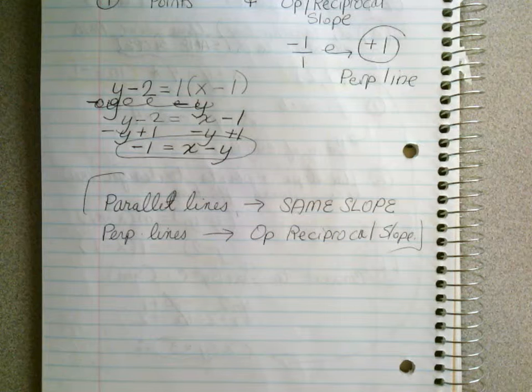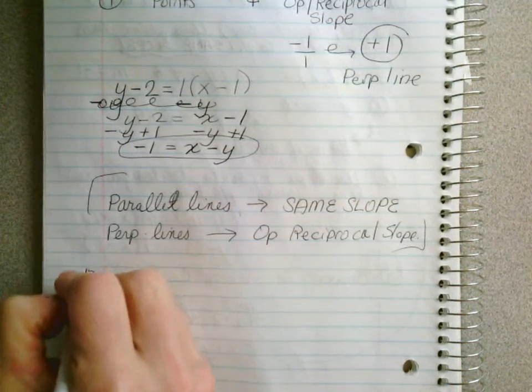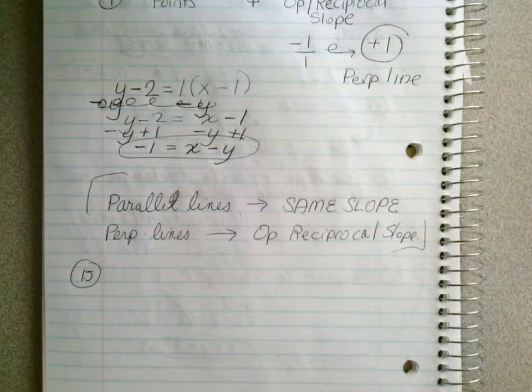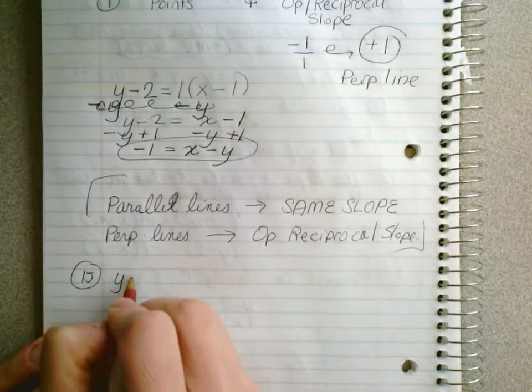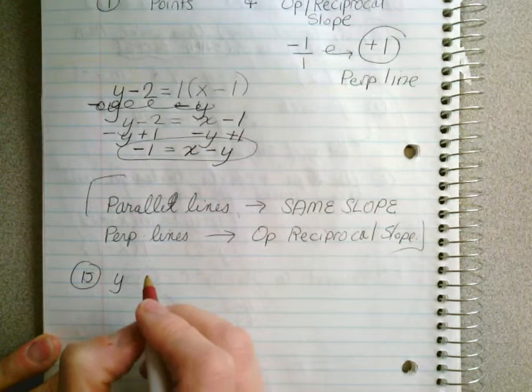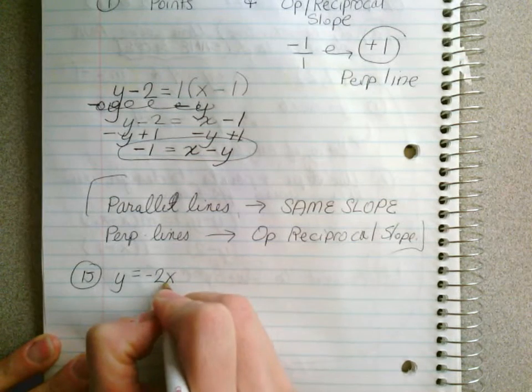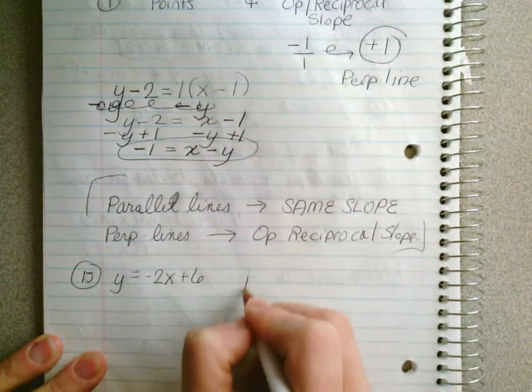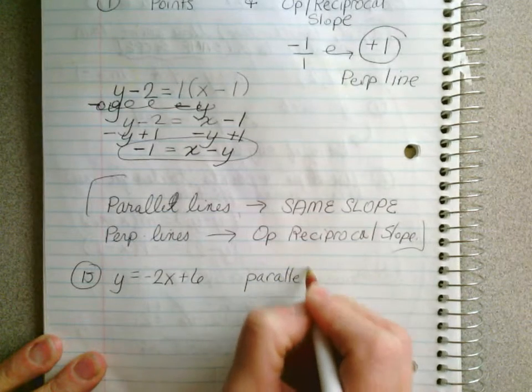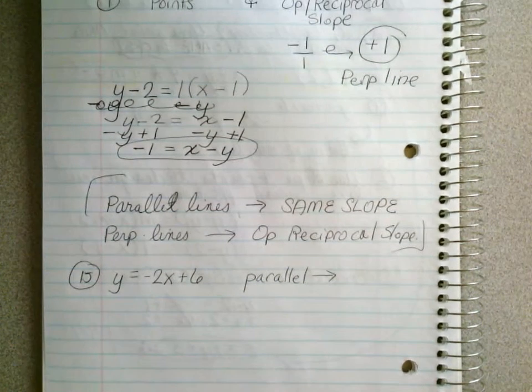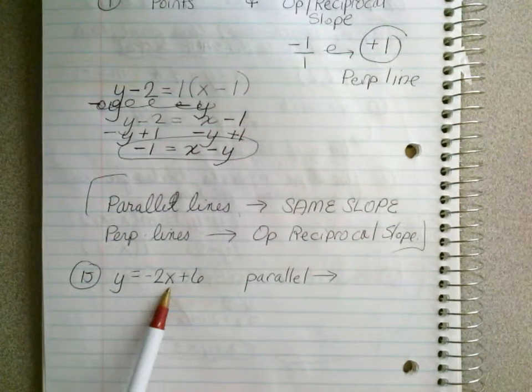Look at the oral exercises on page 120. I want to do a few of these with you, and then we're going to do a little bit more. Look at number 15, oral. It says, give the slope of any line that is parallel with this line and perpendicular with this line. Parallel has same slope. So what will the slope of a parallel line to this line be?